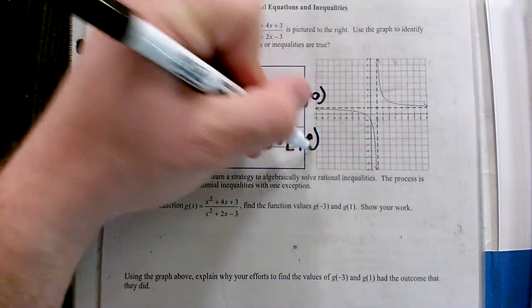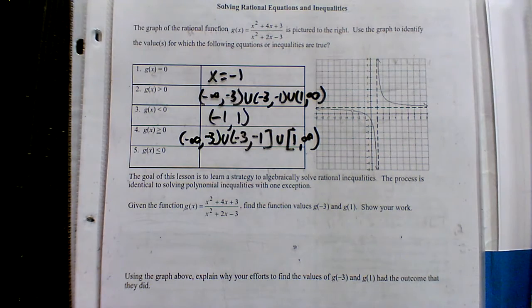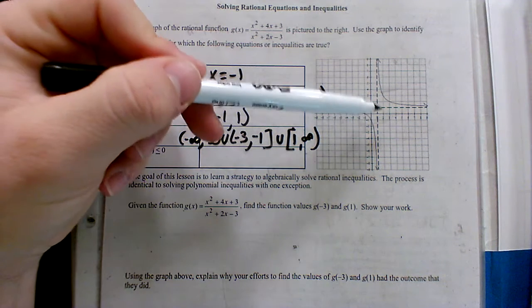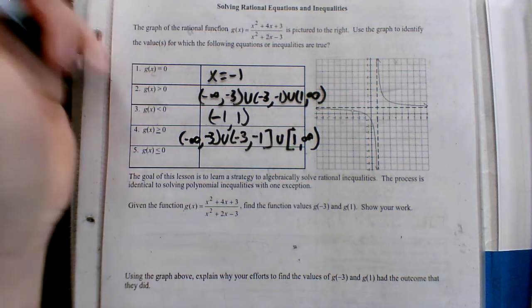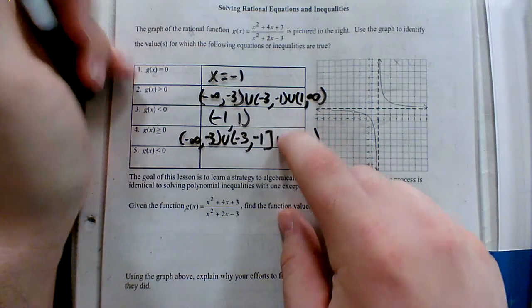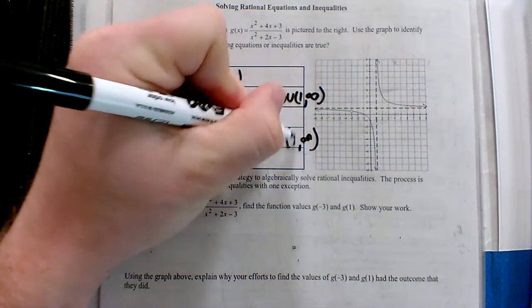How come we didn't put the first one in the bracket if it's still not that? Let's see here. So g of x greater than 0. Yeah, I guess technically as the asymptote, it's not going to ever touch. It's going to come very, very close. So if you'd like to, you could technically leave that as a parenthesis.